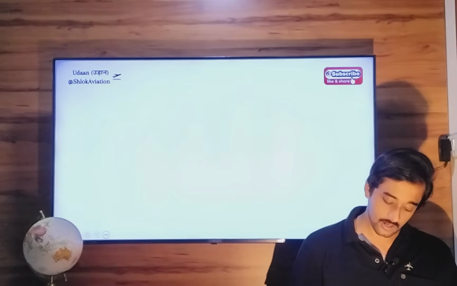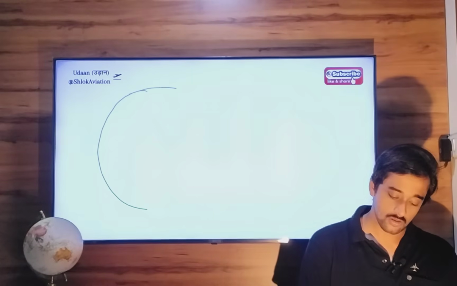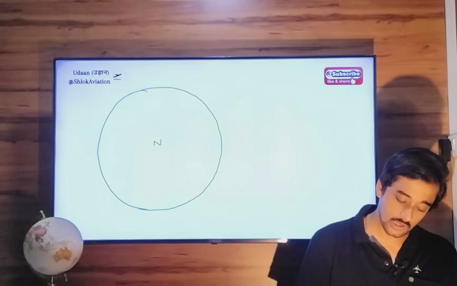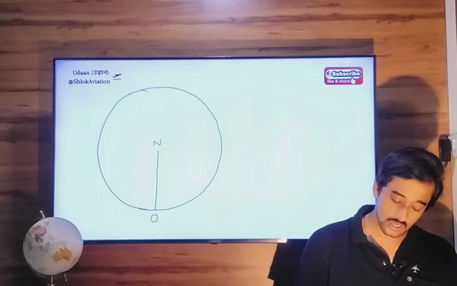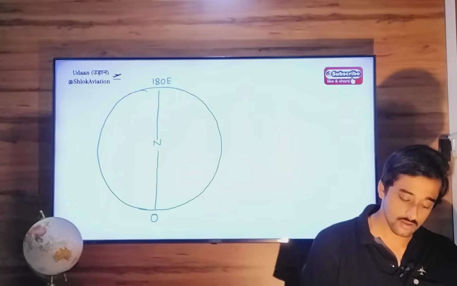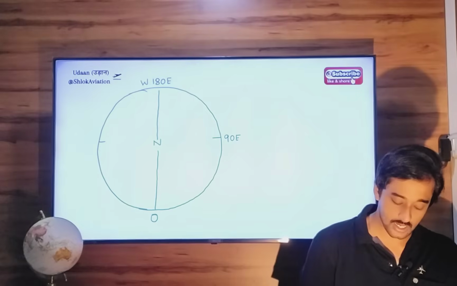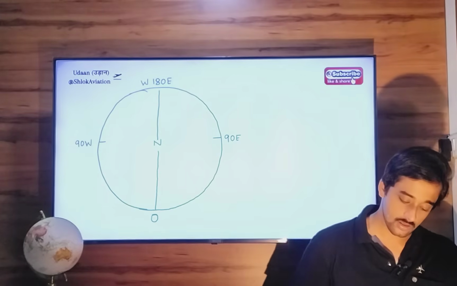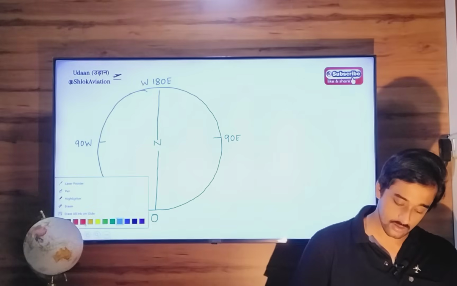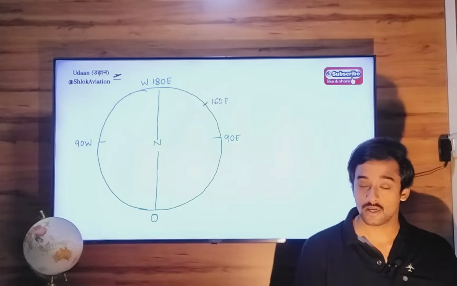Now 60 north, 160 east. Draw the rhumb line diagram. This is your north pole, 0 degrees, 90 east, 90 west. 160 east is your initial latitude, longitude.